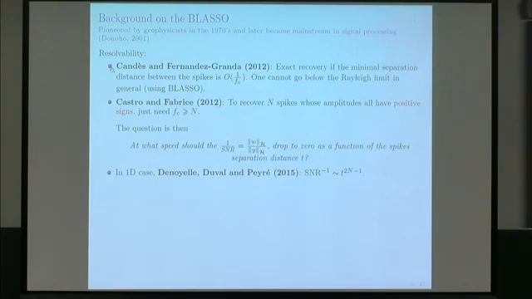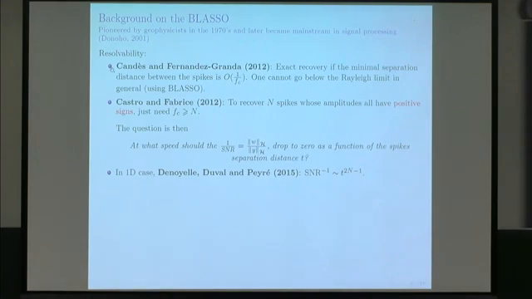And so the interesting question now is, at what rate should your signal to noise ratio, so 1 divided by signal to noise ratio, drop to 0 as a function of the spike separation distance, such that you still have super resolution of the spikes? Okay, so you can always recover n spikes, but what happens when there's noise? Do you still recover n spikes?